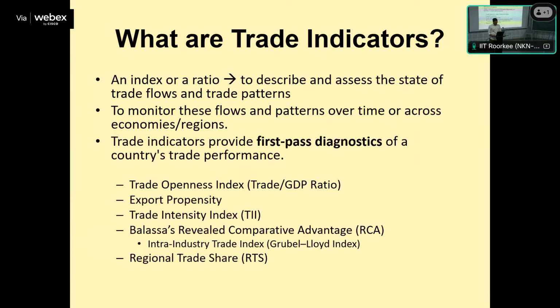I think I've mentioned other aspects such as very basic estimations like export propensity, trade intensity index, and RCA, Balassa RCA, which we have been referring to in our lecture, will also be useful. An extension to the RCA is the intra-industry trade index by Grubel and Lloyd, and then regional trade shares, etc., can also be estimated.